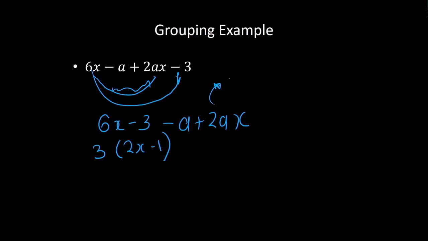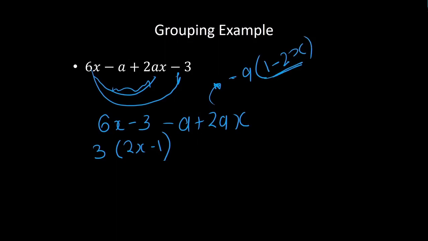If I were to take out a negative a from those 2 terms, I will end up with positive 1 minus, because positive 2a divided by negative a will give me negative 2, and then x. Now, 1 minus 2x is not the same as 2x minus 1.